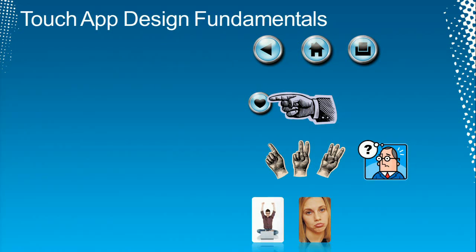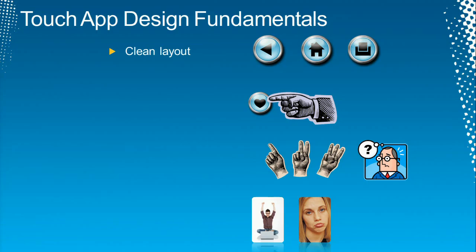So let's talk a little bit about the fundamentals when you design your application. The first thing you want to do is have a nice clean layout, because generally you want your controls placed in a way that's clean, friendly, and inviting the person to touch it, with a way to understand what the buttons actually do.